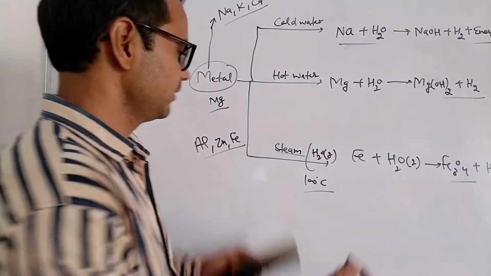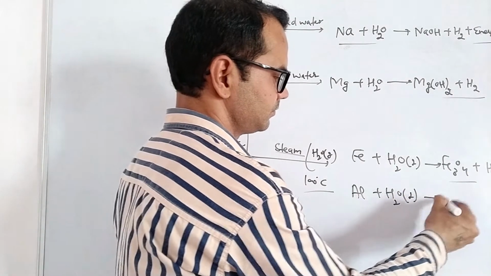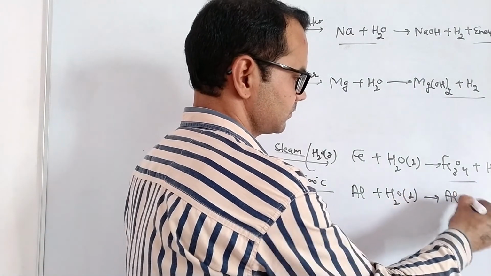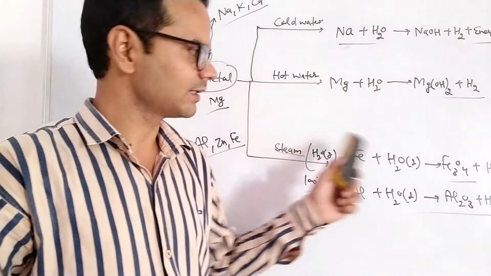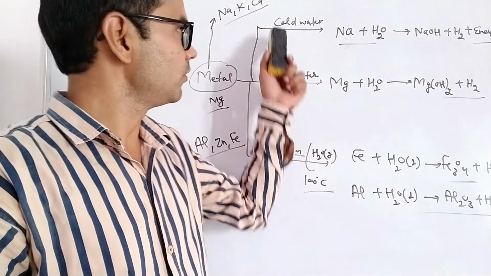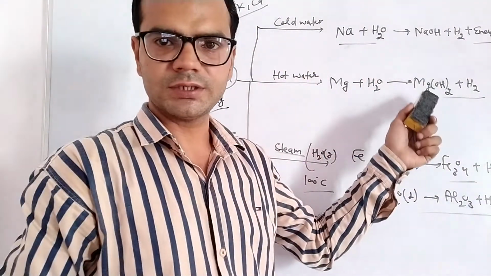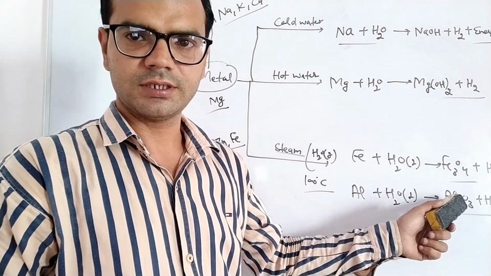Right? If we have aluminium, the reaction with steam is slightly different from the reaction with hot water and cold water. In case of cold water and hot water, we obtain hydroxide, but in case of steam, we obtain oxides. Right?